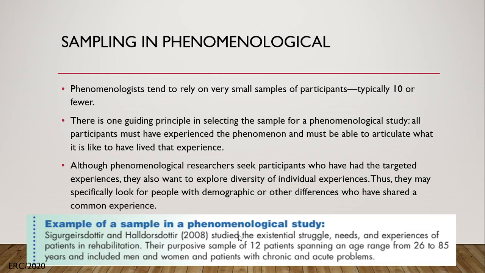Okay, example: Sigurdardottir and Halldorsdottir in 2008 studied the existential struggles, needs, and experiences of patients in rehabilitation. Okay, their purposive sample was 12 patients spanning an age range from 26 to 85 years and included men and women and patients with chronic and acute problems.